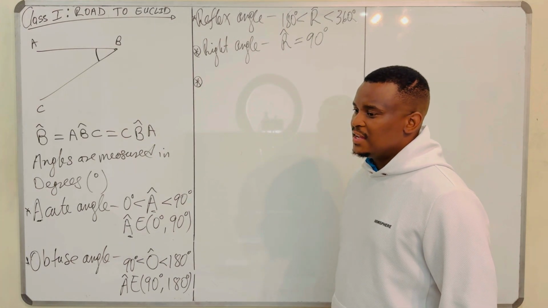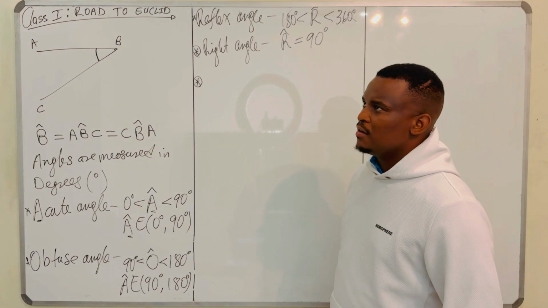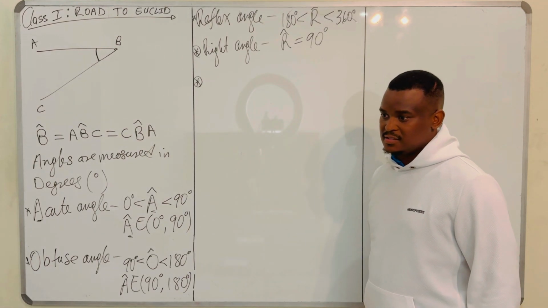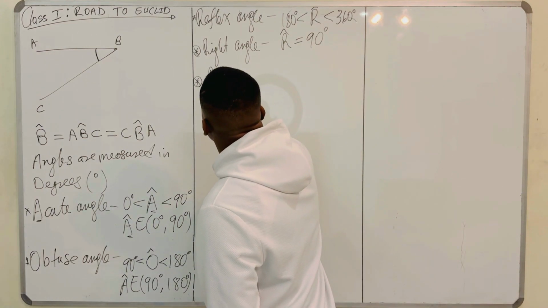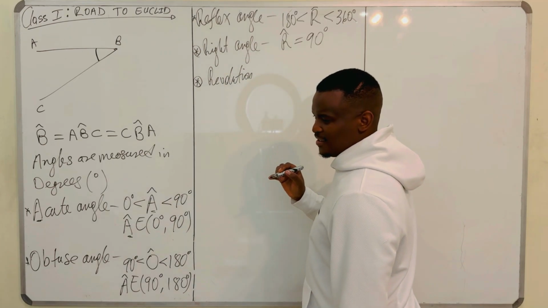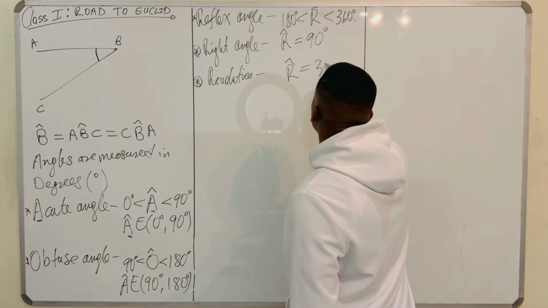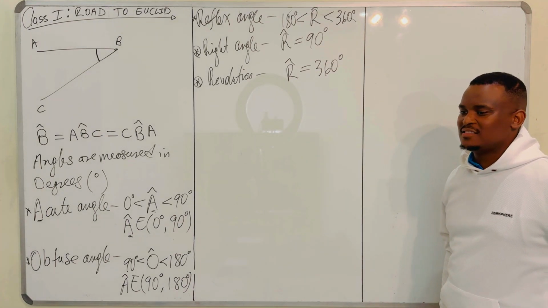I'll define it as an angle that is equal to 360 degrees. Can you guys see? Yes. Okay. Your revolution is an angle equal to 360 degrees.